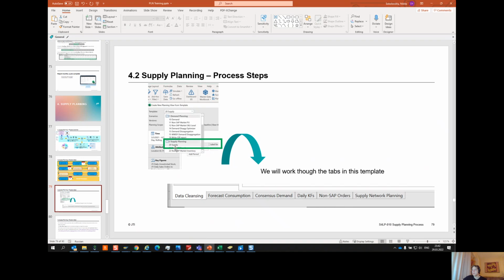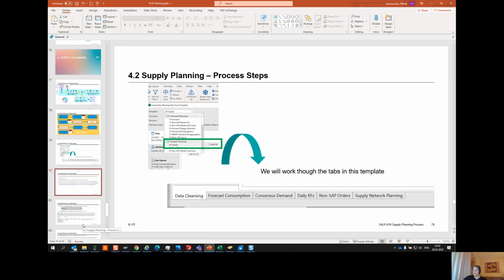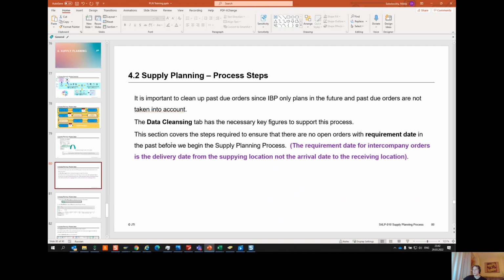So the first supply template, they run it, and they choose the key figure data cleansing, provide all the filters like markets, product types, and so on, and they receive a table with values that they need to clean and ensure that everything is fine.